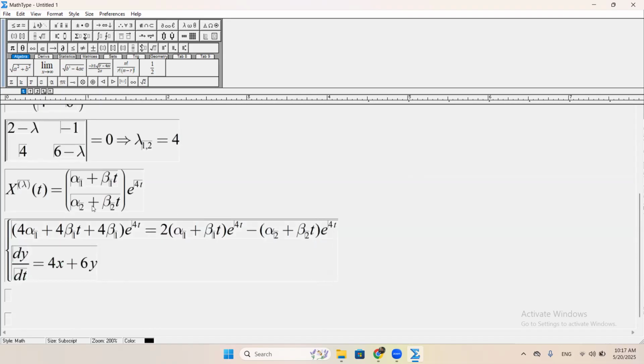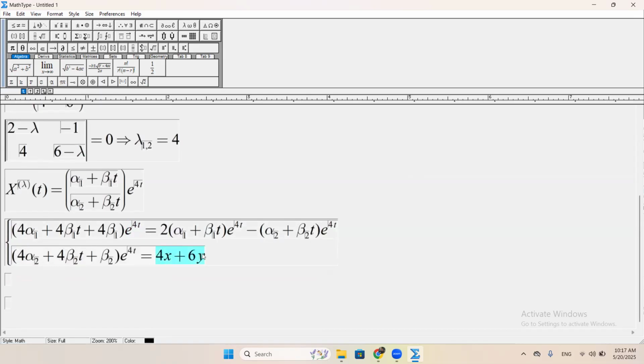Then dy by dt. So again, differentiating y. So here will be 4, here 4 as well, and plus beta 2 by e to the power of 4t.